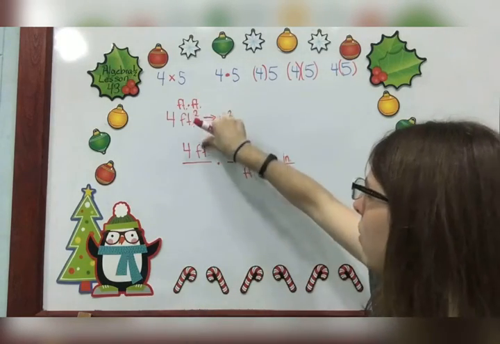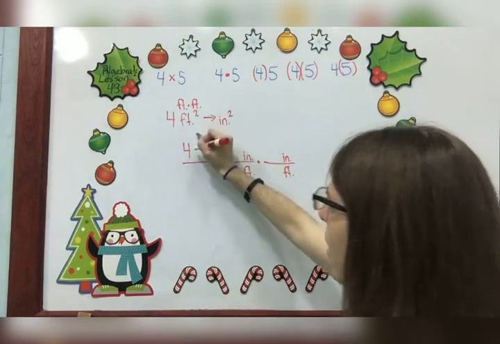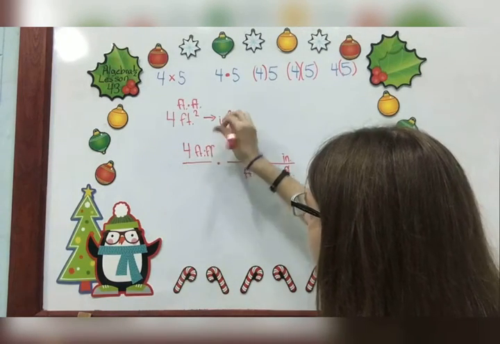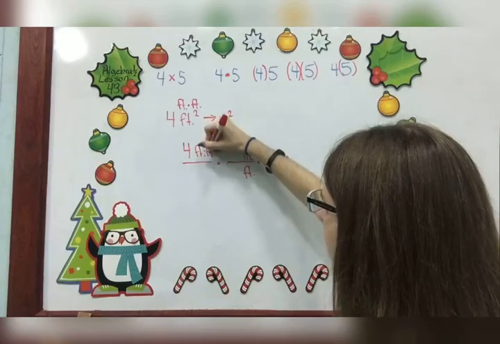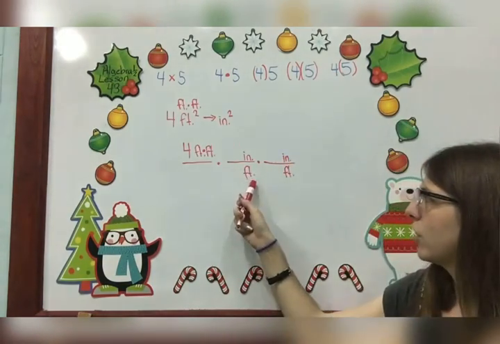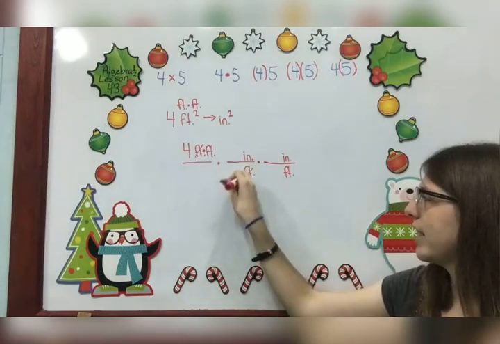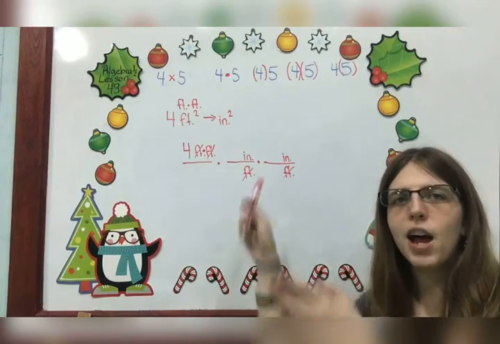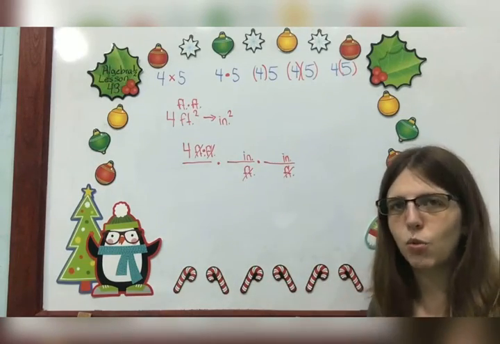Okay, so if I were to write this instead of as feet squared, if I were to write it as feet times feet, with the first one, it cancels out the first feet. With the second unit multiplier, it cancels out the second one, and I'll be left with just inches squared.